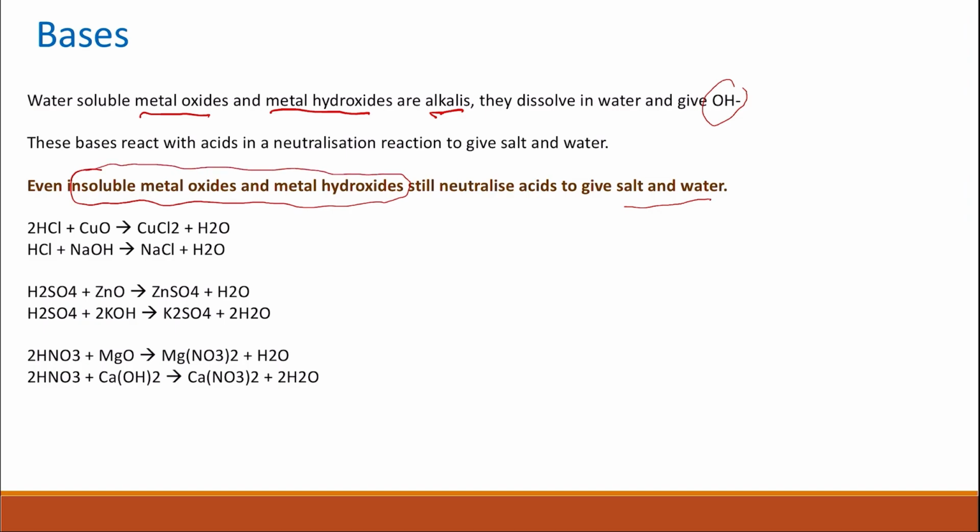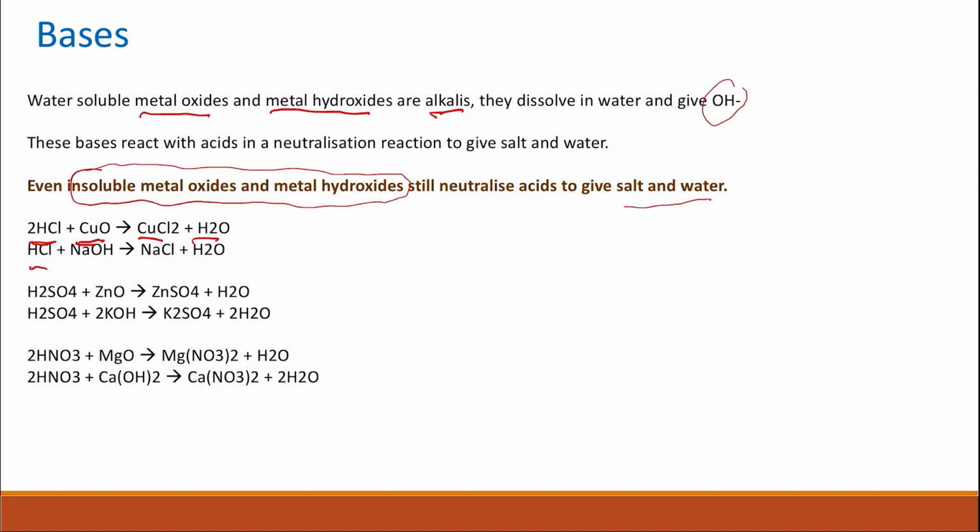The main reason for that is they are insoluble in water, which means when they are added to water, they will not give you the hydroxide ion, but they will still react with acid in a neutralization reaction to give you the salt and water. Some examples of these are the reaction between hydrochloric acid and copper oxide to give you copper chloride and water.